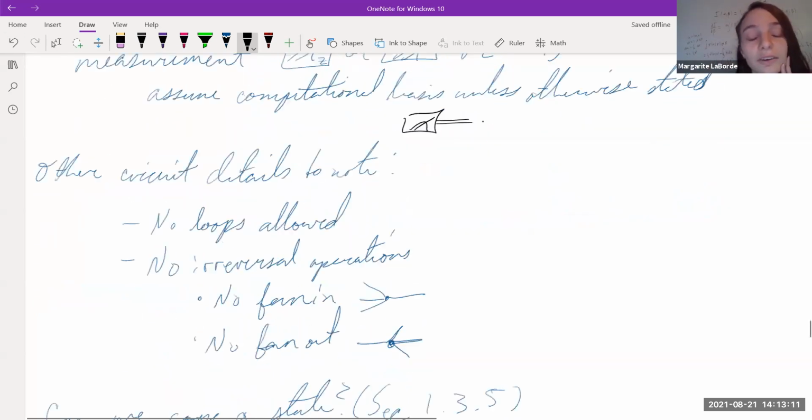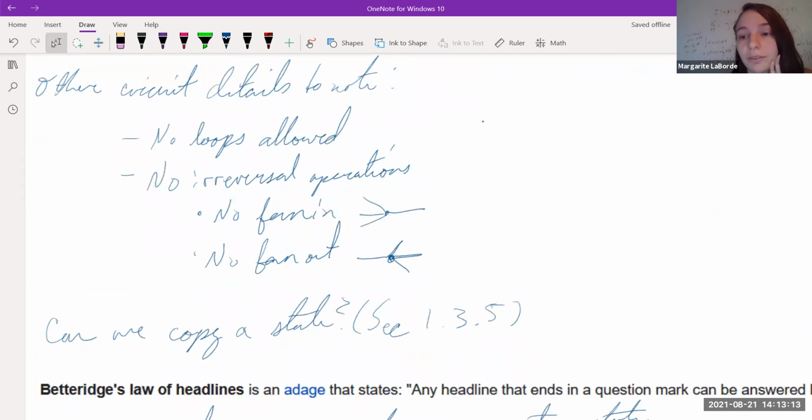All right. Other circuit details to note, particularly if you're more used to classical circuits than quantum circuits, is you do not allow feedback loops. Everything has to go straight through. It's linear. No irreversible operations, which means no fan-ins where they all come to a point, and no fan-outs where they spread out.